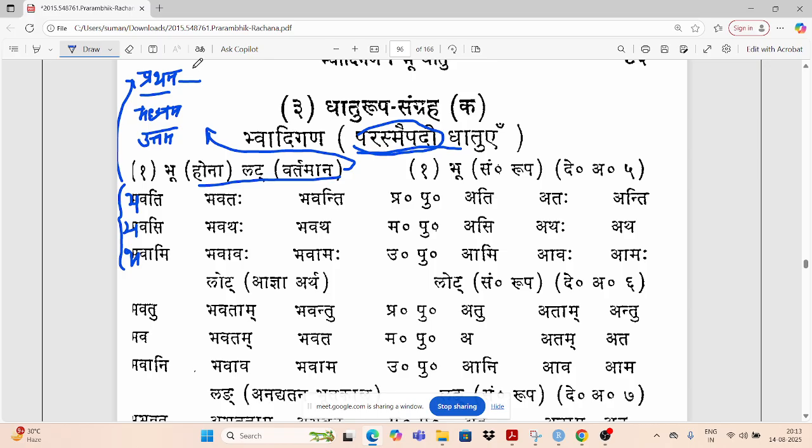Very ulta, as I said. In English, this is third person. In our case, this is Prathama Purusha. That is, Sachin is the Prathama Purusha.